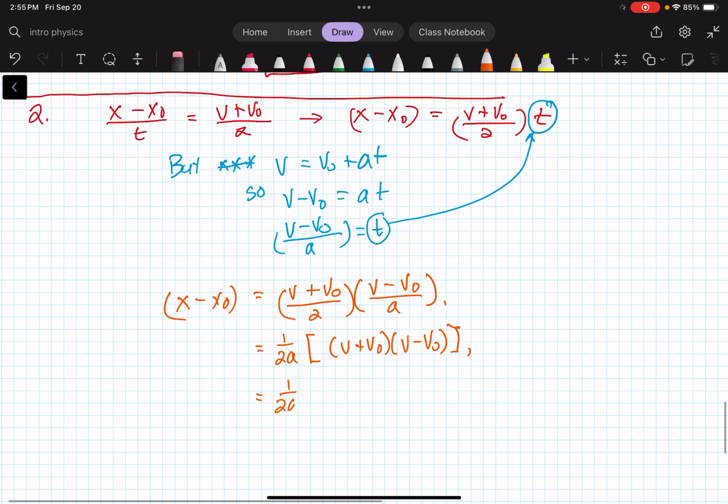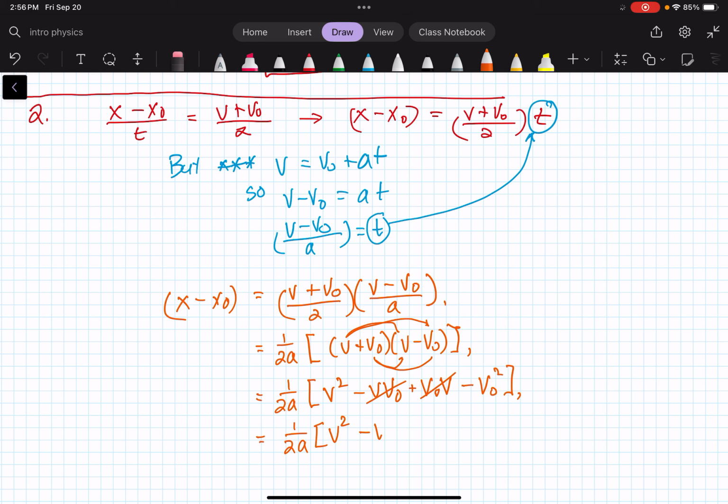So this is 1 over 2a times v, so that's v squared, v times minus v naught, so that's minus v times v naught. Then v naught times v, so that's a plus v naught v. And then minus v naught squared. So those cancel. And so that's equal to 1 over 2a times (v squared minus v naught squared).